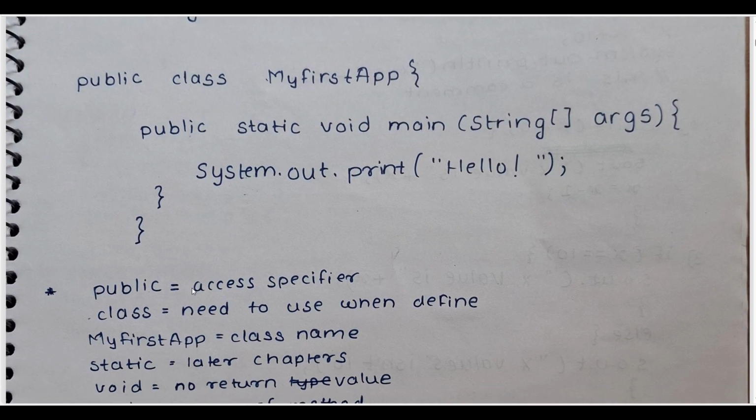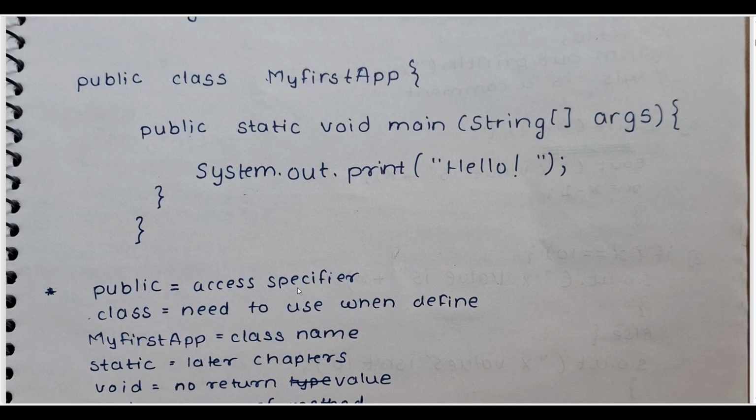Now here we go. Public is an access specifier, and there are a lot of access specifiers such as public, private, protected. We'll see that in next chapters, but for now we'll understand just the public access specifier. Public access specifier means who can have the access of this class.